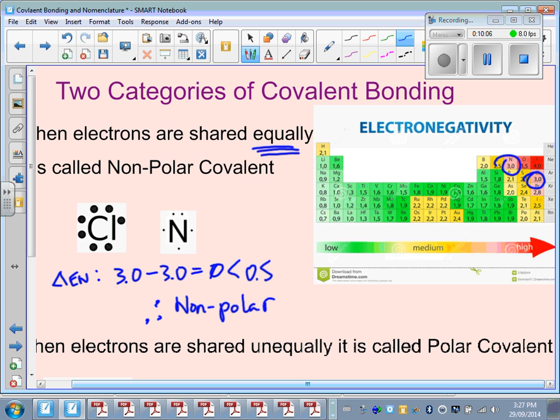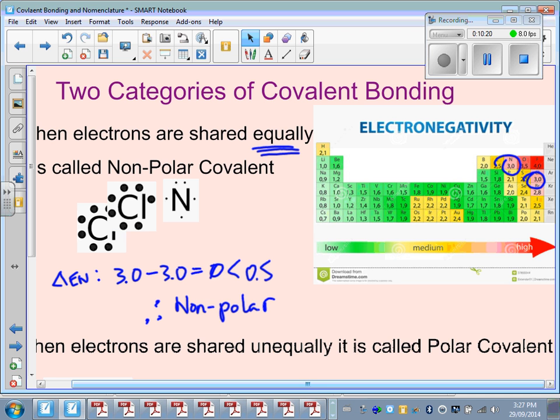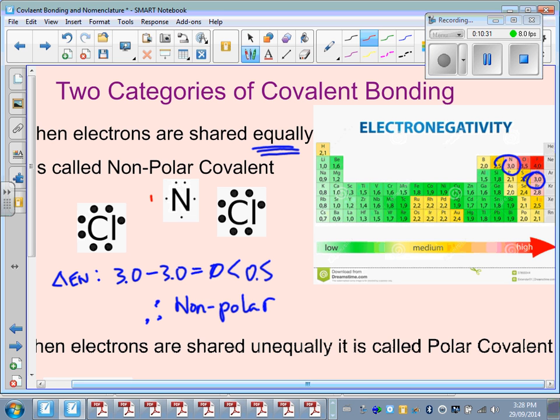So when you have a nitrogen and a chlorine, and when we set this up, as we've already talked about, look at the number of lone pair electrons in the nitrogen, and you will see that it has 3: 1, 2, 3.